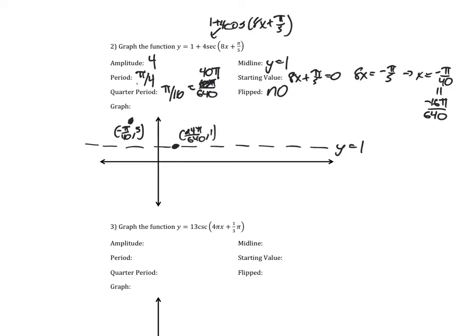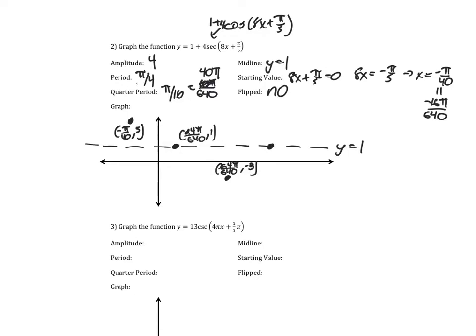Go down to a min. Make sure you go below the x-axis. At this point here, I'm going to add another 40. So that would bring me to 64 pi over 640. Again, normally I would say reduce, but in this case, the numbers are kind of crazy, and I don't want to get too bogged down on simplifying fractions.